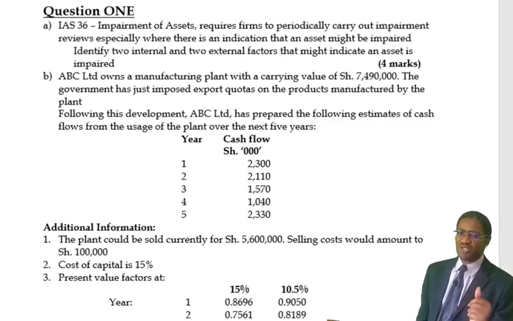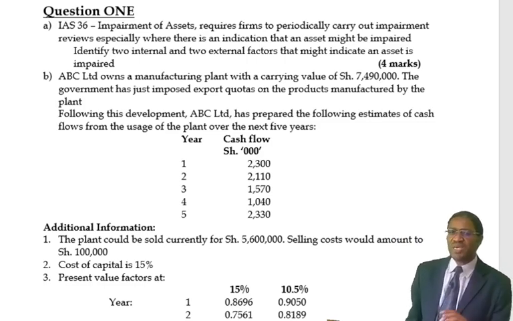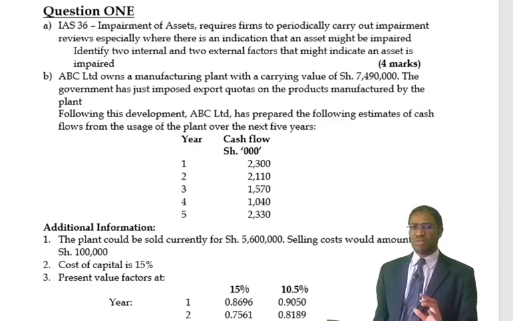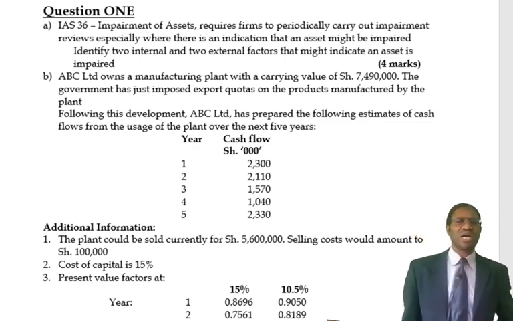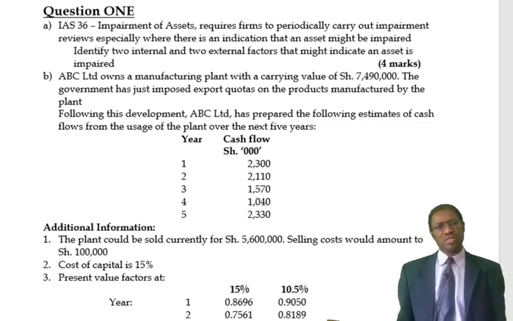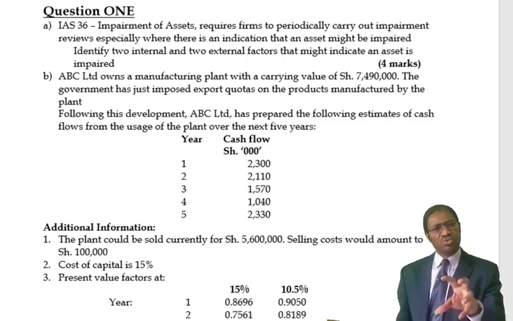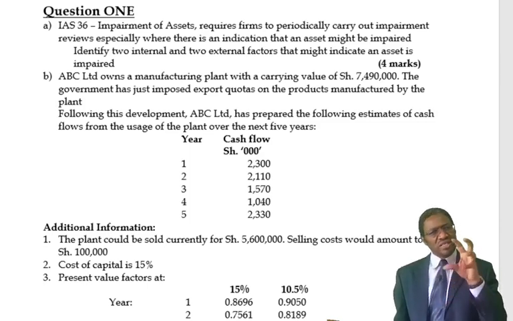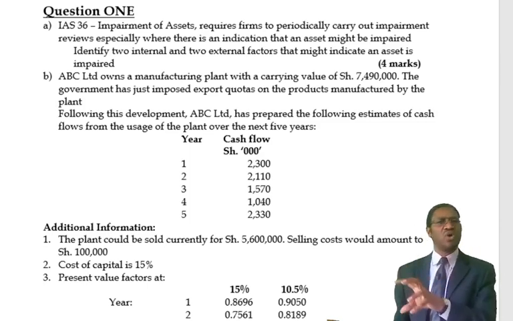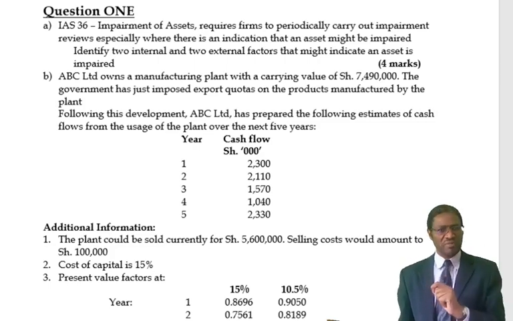That is normally a general question that you are being asked. What are some of the circumstances or situations or indicators that might indicate to you as a company that it is time you test whether your asset has suffered an impairment loss?